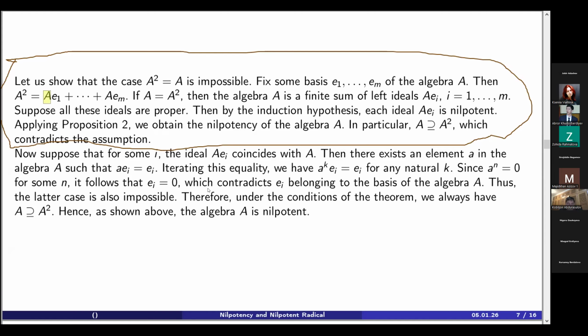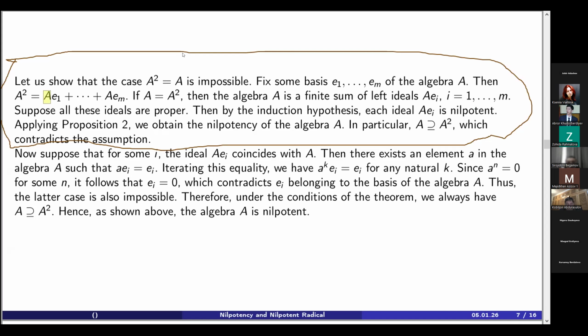А пропер означает, что А, Е, И не равна А. Тогда по индукции гипотеза, каждый идеал А, Е, И будет нилпотентом. Потому что выше в proposition 2 мы рассмотрели это, по индукции это А и у нас был идеал, и мы получаем, что алгебра А у нас нилпотент.